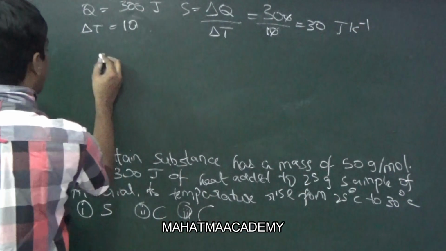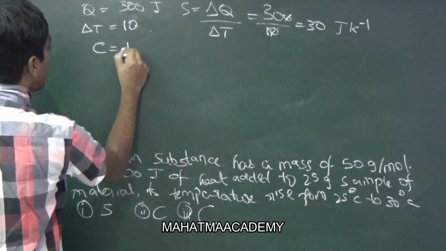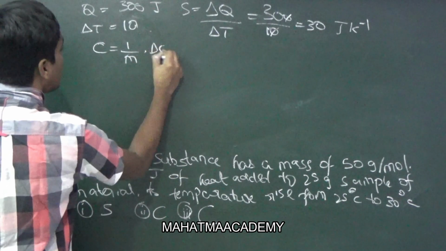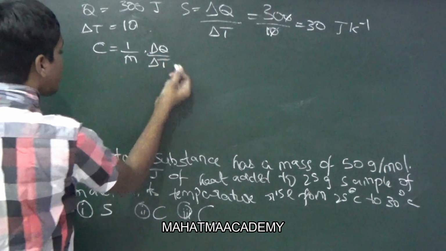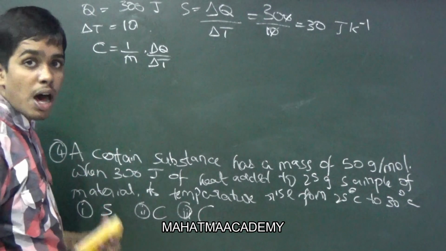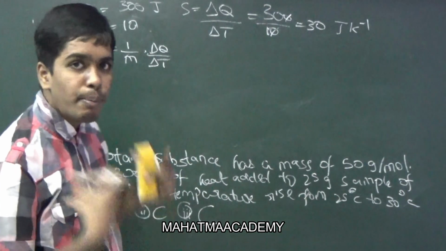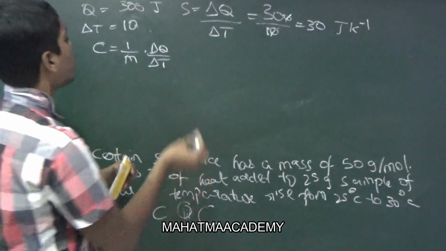Now, the small c. Small c is 1 by m into delta Q upon delta T. They have asked all. They are testing our brain, whether we forgot it or remember.